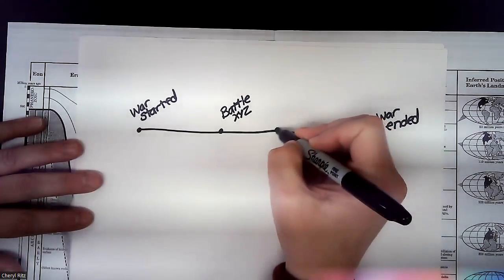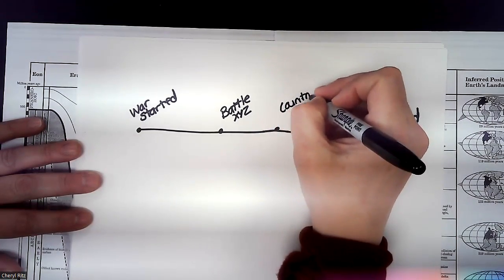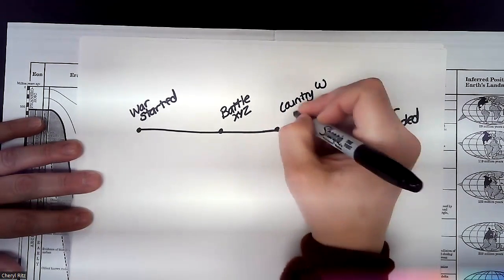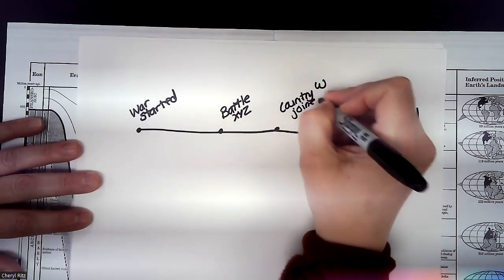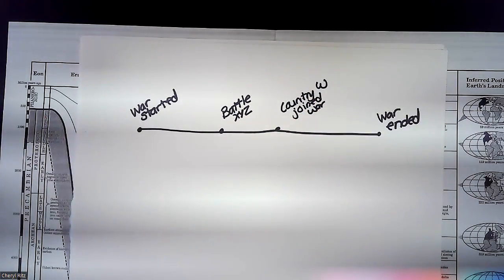So you might have a dot for country W joined war. I think you guys kind of get the idea. It's a timeline. You've looked at timelines like this before, right? Normally they would have dates, but since I'm making them up, I didn't have dates.